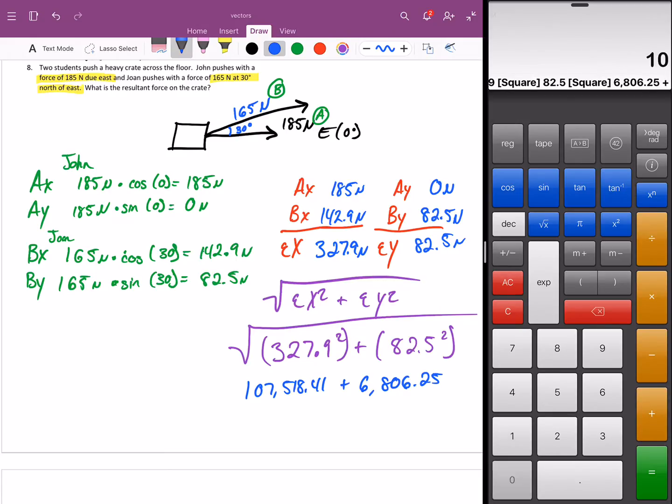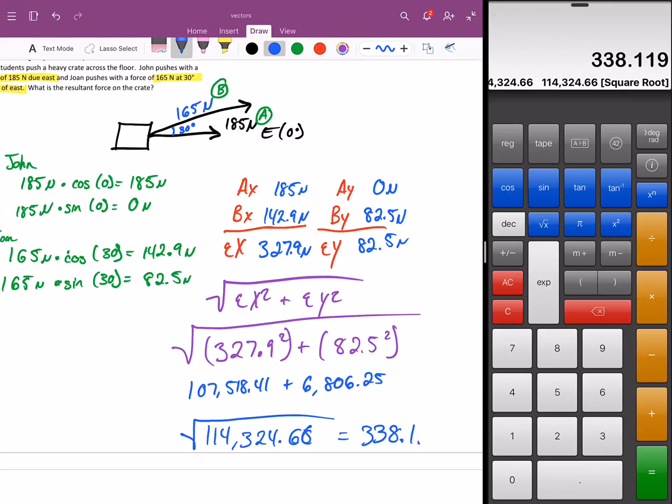Add these two numbers together. Total sum 114,324.66. Square root equals 338.1 newtons.